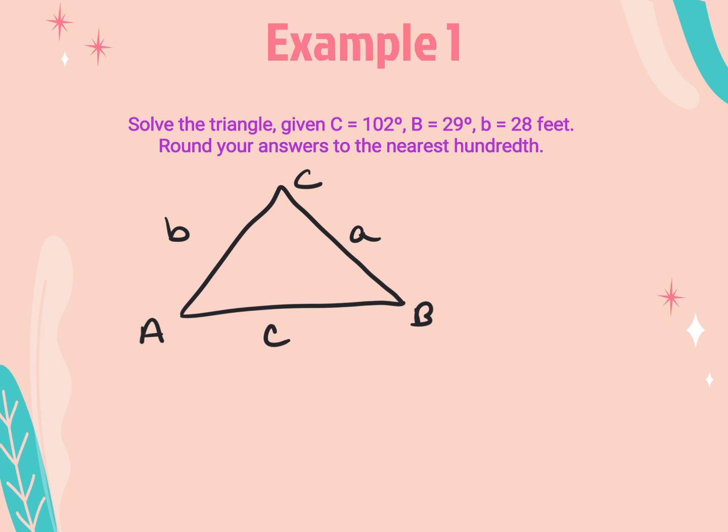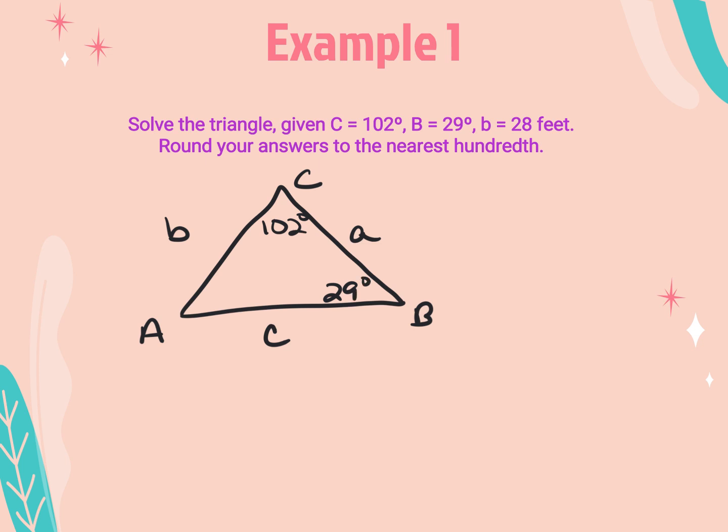So what they gave me was angle C was 102. Obviously my triangle is not drawn to scale. I'm just trying to get a visual of where things are located. The next thing they gave me, and again I can tell these are angles because they have the degree symbol, they gave me angle B, it's 29 degrees.